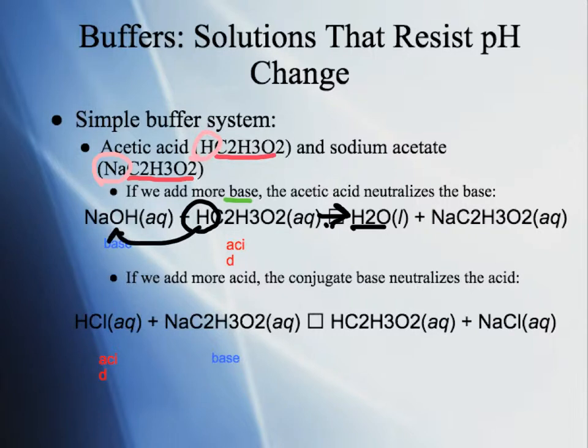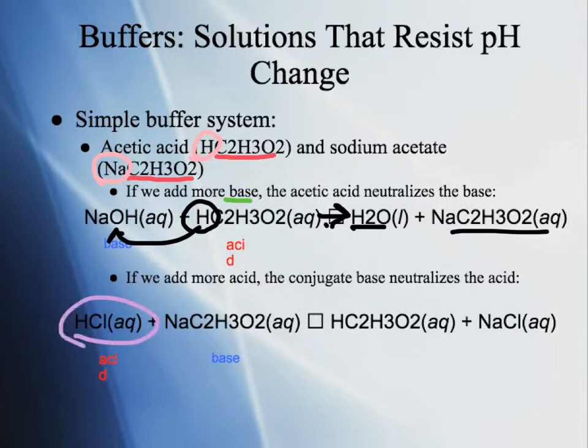And then we're going to get Na hooking up with acetate from the acid part of the molecule to make sodium acetate. So this base is going to be neutralized by the acid to make water and sodium acetate. Okay, now if we add more acid, what happens?